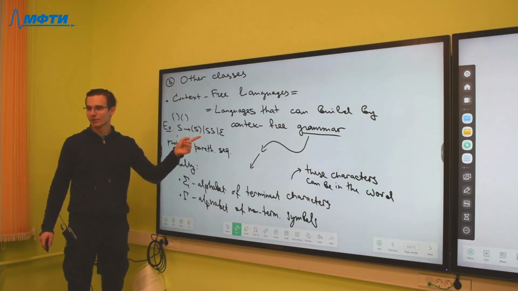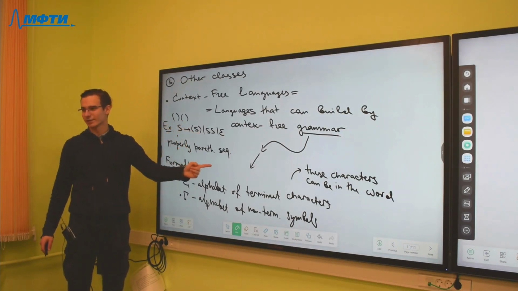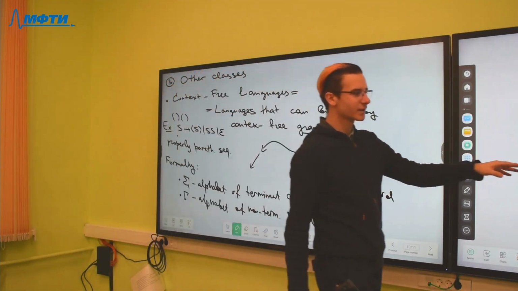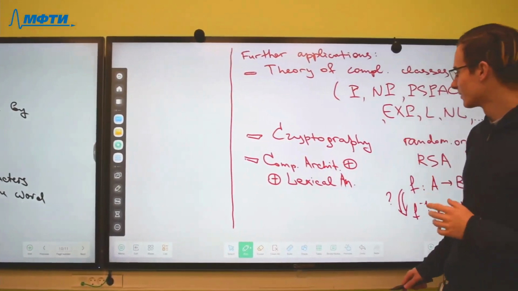So if we don't find it, we can say, oh, you have no proper parentheses. So lexical analyzers do something similar to this explanation.